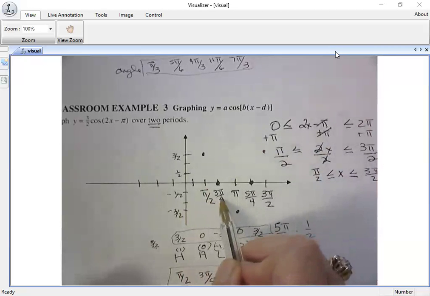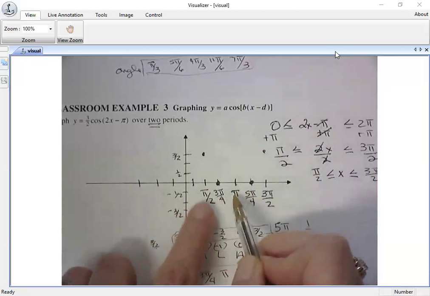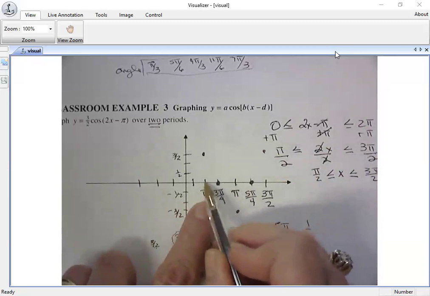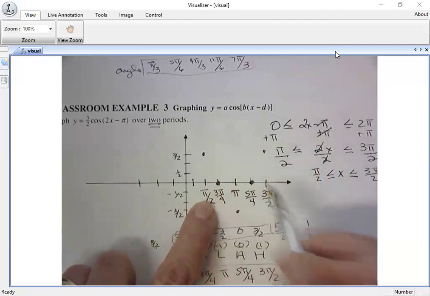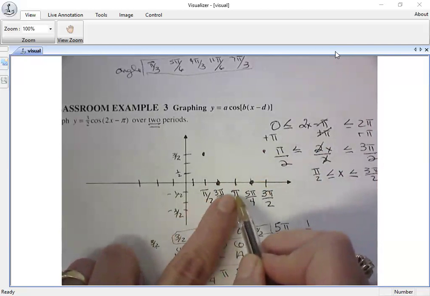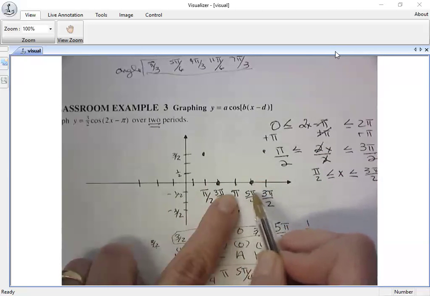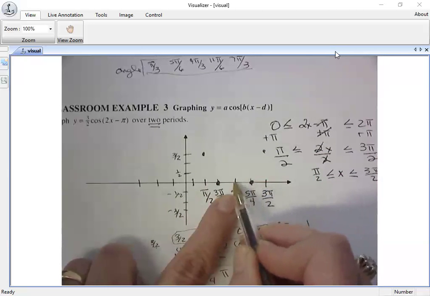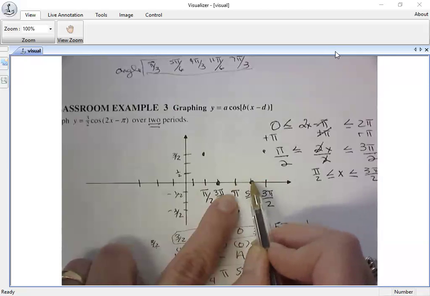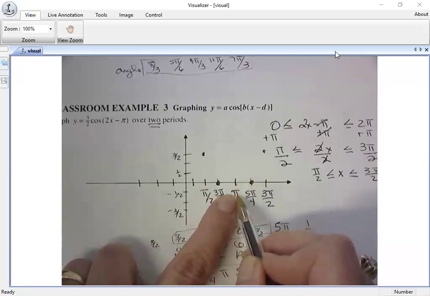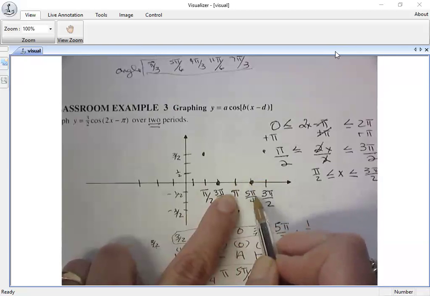What did we figure out a minute ago is the difference between each of these marks? Like, if this is pi, which is 4 pi/4, and the next one is 5 pi/4, what do we have to add to pi to get to 5 pi/4? Do you follow what I'm saying? Yeah, I know what you're saying.